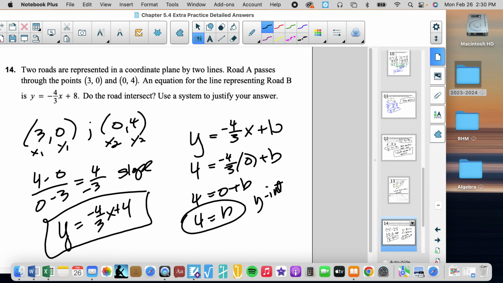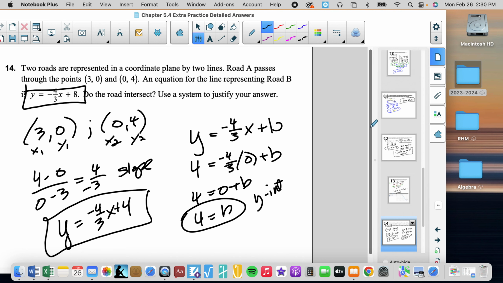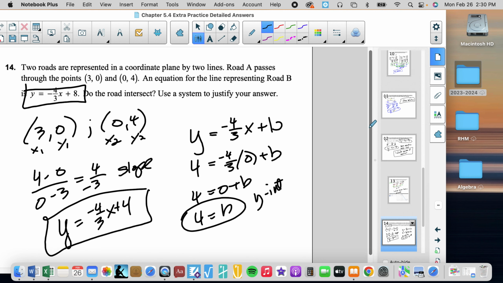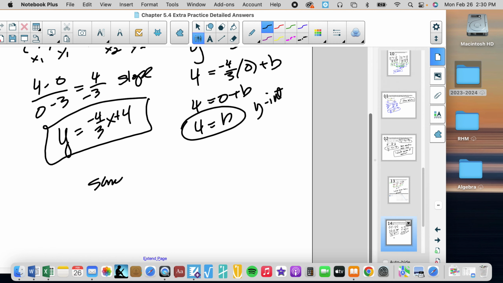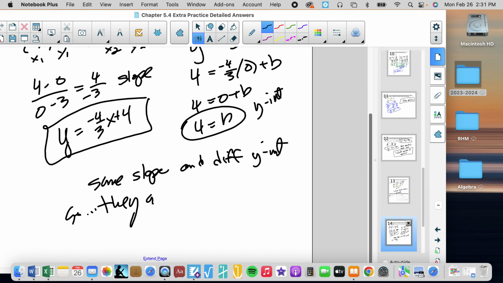What do we know about these two lines? Do the roads intersect? Yes, because they have different, oh, sorry. Negative 4 thirds. No, they do not. Sorry, those are parallel. Same slope and different y-intercept tells me that they are parallel and will not intersect.